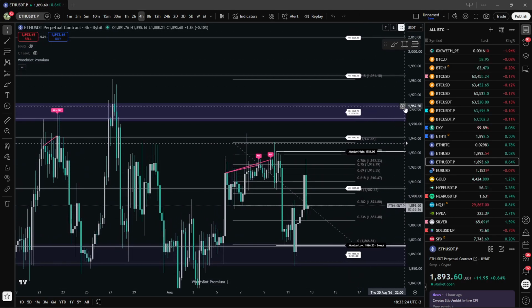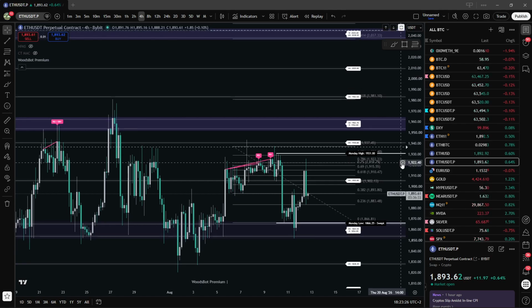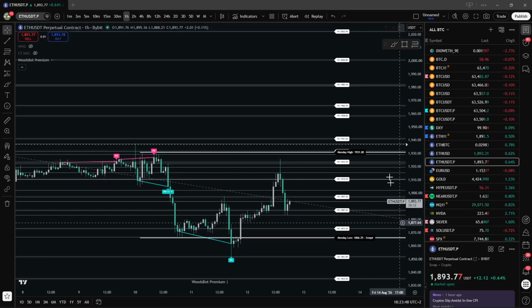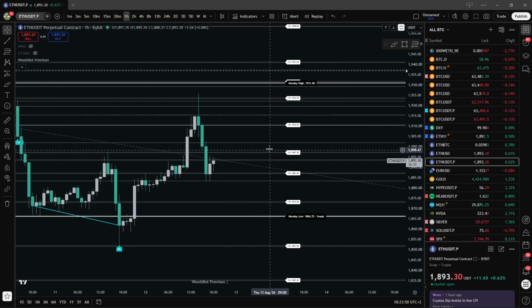But ideally you want Bitcoin to be stronger than Ethereum, and not the other way around, you know. Seeing Ethereum being stronger is actually making me more bearish. But Ethereum is looking quite nice.